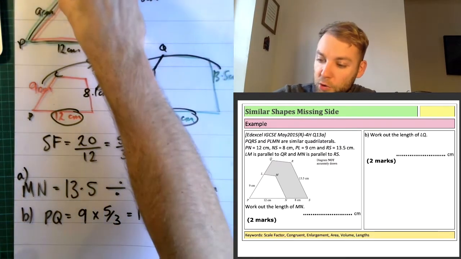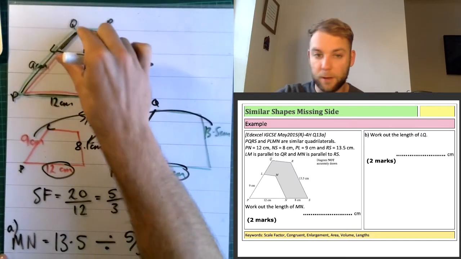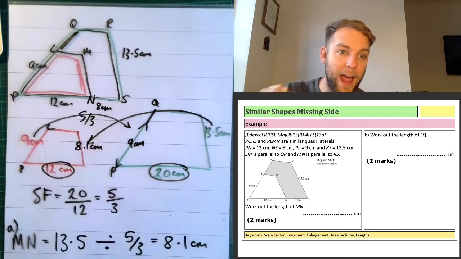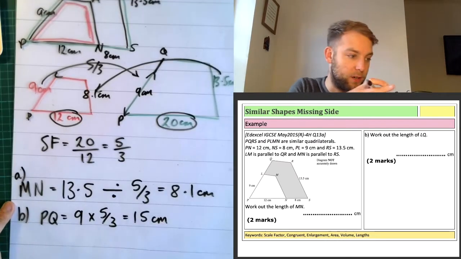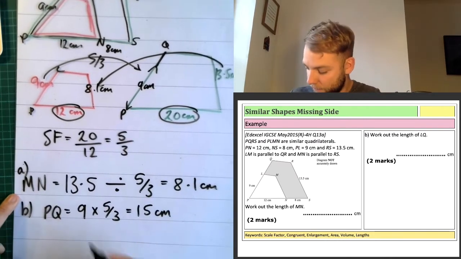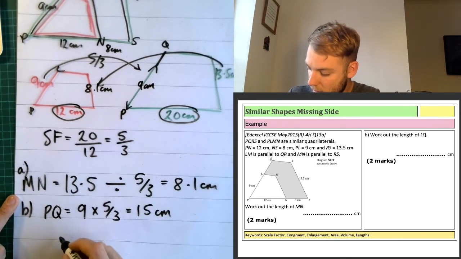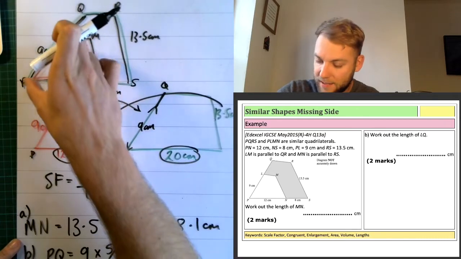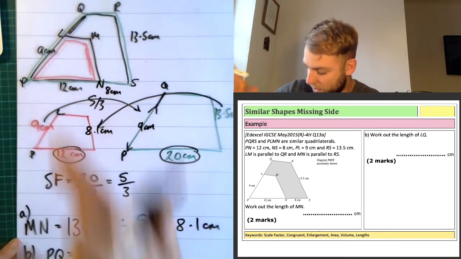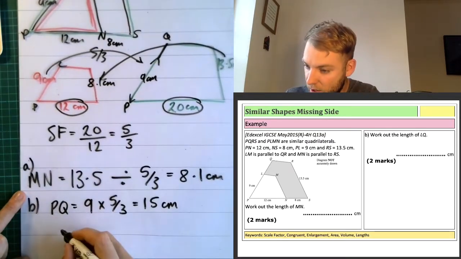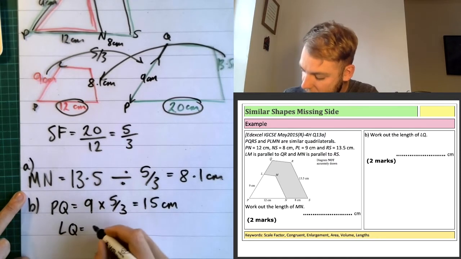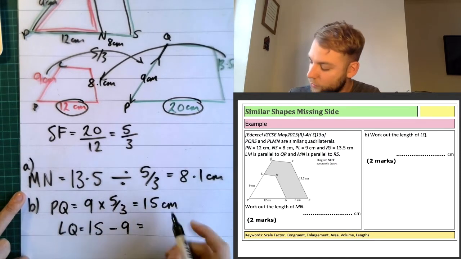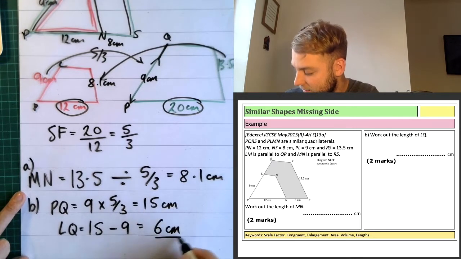So to find out just this part here at the top, I need to do 15, take away the 9. And that's why this one here is the harder question. So the last little part, P to L is 9 centimetres, P to Q is 15 centimetres, so L to Q is equal to 15, subtract 9, which is equal to 6 centimetres.